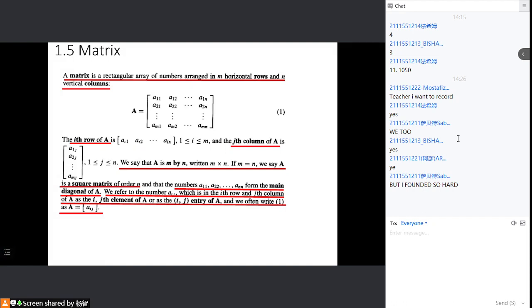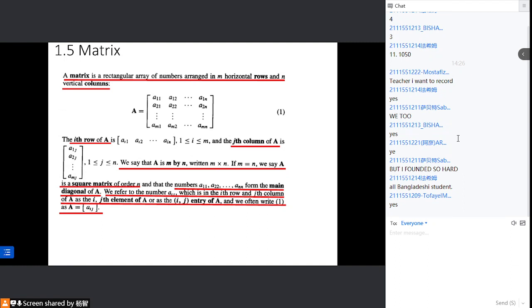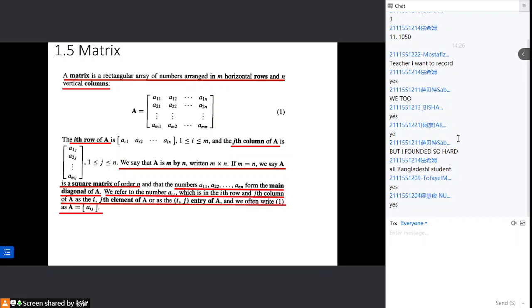Only 3. 11 students from Bangladesh, we all learned it before, and also a student from Nepal. So a small part of you, or maybe half of you, have learned the matrix, is that right?